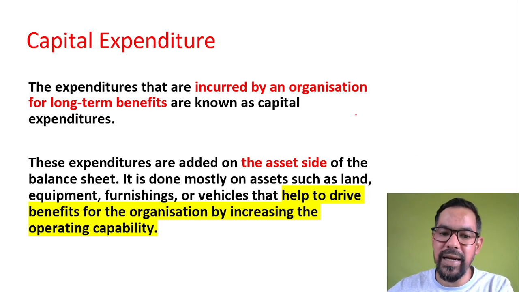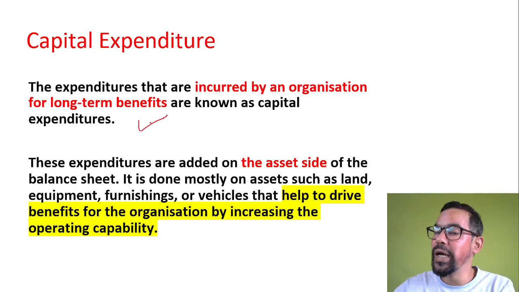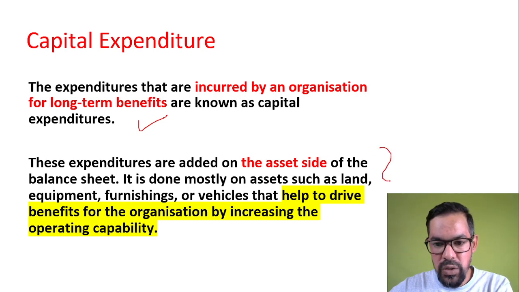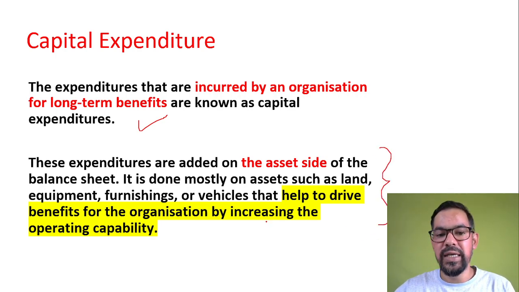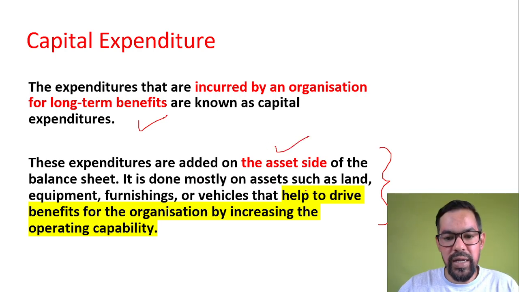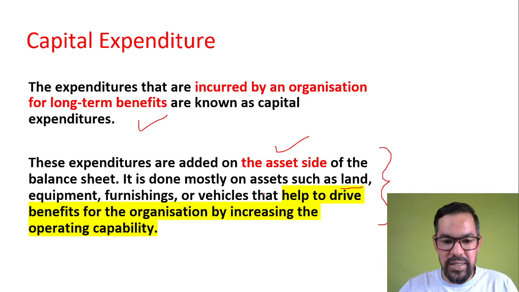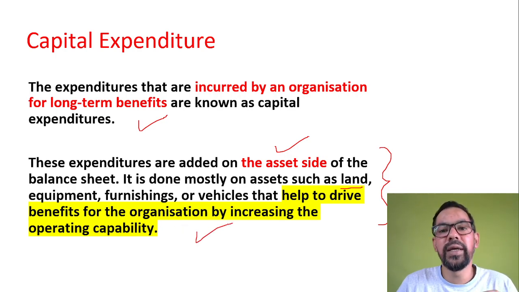The expenditure incurred by an organization for long term benefits is known as capital expenditure. These expenditures are added on the asset side of the balance sheet. It is done mostly on assets like land, equipments, furnishing or vehicles that help drive the benefit of the organization by increasing the operating capability.